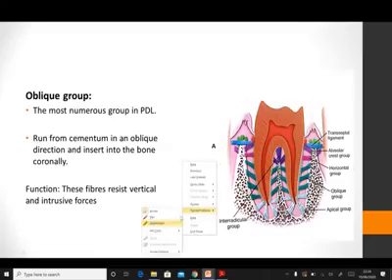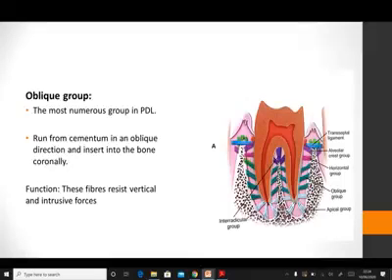So these green bundles that you can see here and on this side as well are the oblique group, and as you can appreciate in the figure, they are the most numerous within the periodontal ligament. They run from cementum on one side to the alveolar bone on the other side. They are attached to the cementum apically, and then they run in an oblique direction coronally, that is towards the crown region, upar ki taraf, to be inserted into the alveolar bone.